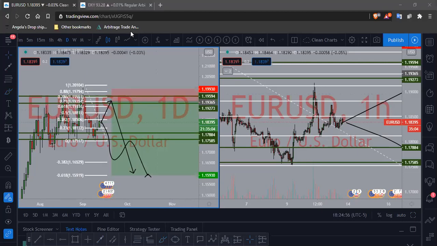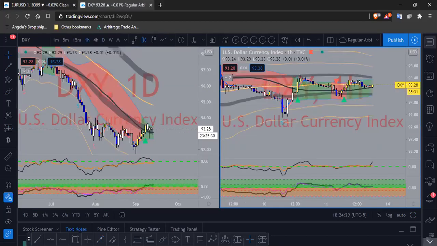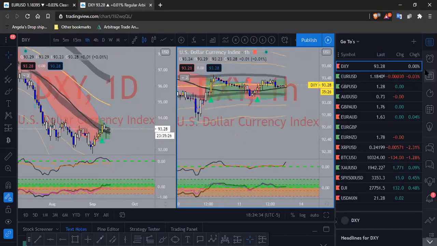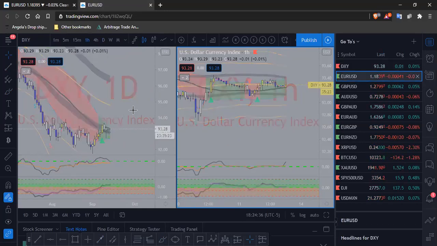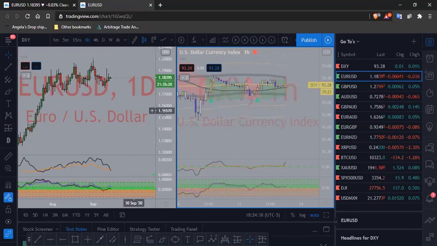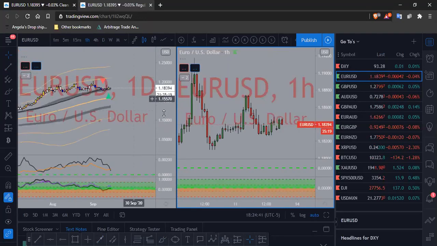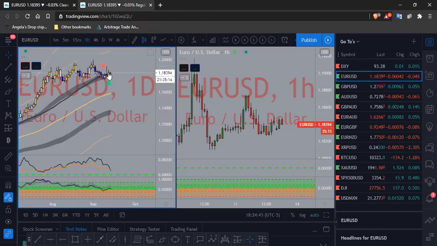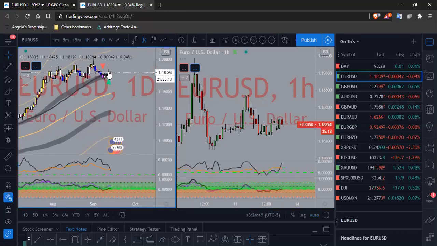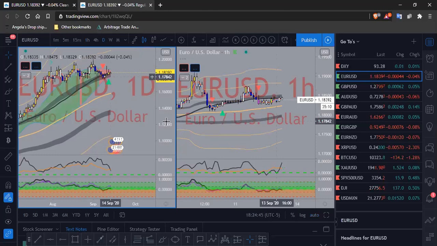Let's go on to arbitrage and see if we have something similar. All right, so EURUSD on arbitrage, it just called for the buy on yesterday's closing candle.